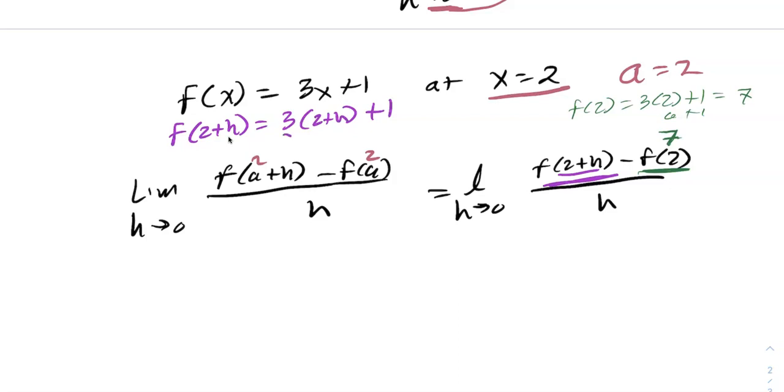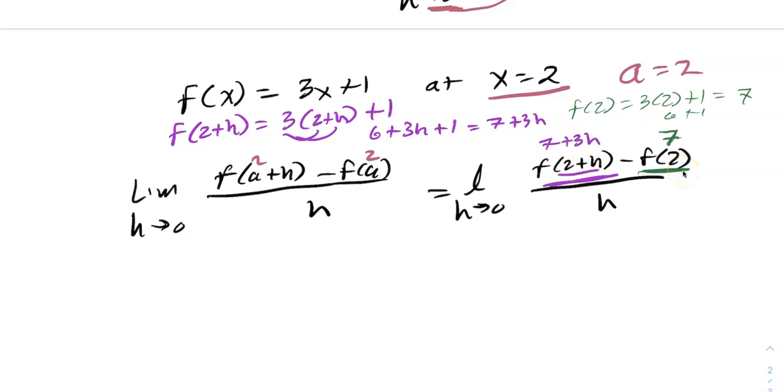So we can distribute that and get 6 plus 3h plus 1. Right? 3 times 2 is 6. 3 times h is 3h. And then there's a 1 on the outside. So if I want to simplify this a little bit, I get 7 plus 3h. Right? Adding the 6 plus the 1. So that's what goes here. I wish I would give myself a little more space to do that, but that's what goes there.